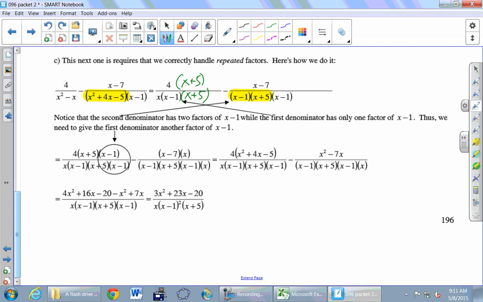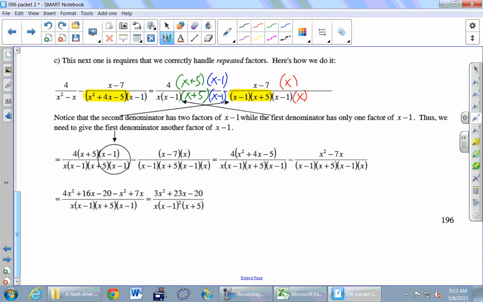It's also missing an x minus 1. It has a single x minus 1. It needed 2 x minus 1s. So we just give it another one. Right? And now it has x minus 1, x minus 1. It does. Okay, and then the last guy is pretty straightforward. What is it missing? Just a single x, just a single x.